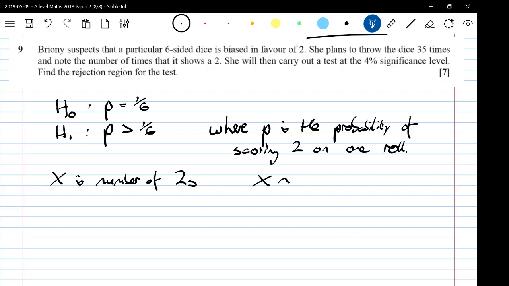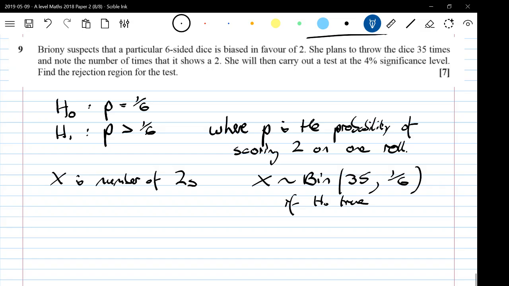And X would follow a binomial distribution, because it's either a 2 or it isn't. There are 35 throws, and the probability of a success under H0 was 1/6. So that's that. Do you get a mark for saying X is the number of 2s? No. The mark there was for saying X follows the binomial distribution.